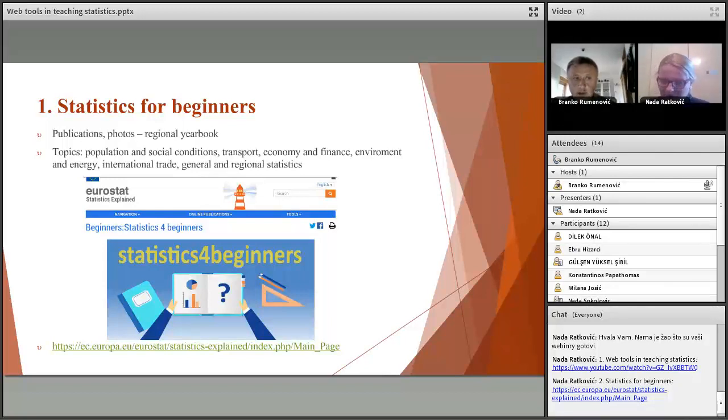On this page, there are a lot of topics, for example, about population, transport, economy, finance, energy, trade, general and regional statistics, and so on. Students can go on this page and read this statistical information.